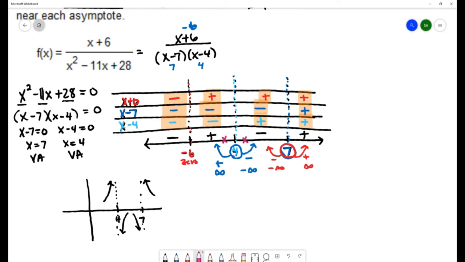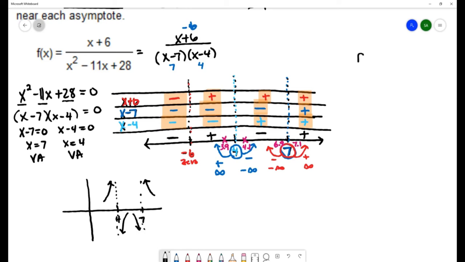So I want to choose a number that is smaller than 4, so maybe 3.9. And I want to choose a number that's bigger than 4, maybe 4.1. And I'll choose a number that is smaller than 7, 6.9, and a number that's bigger than 7, 7.1. And if we substitute these values into our original function, we should get the sign as well.